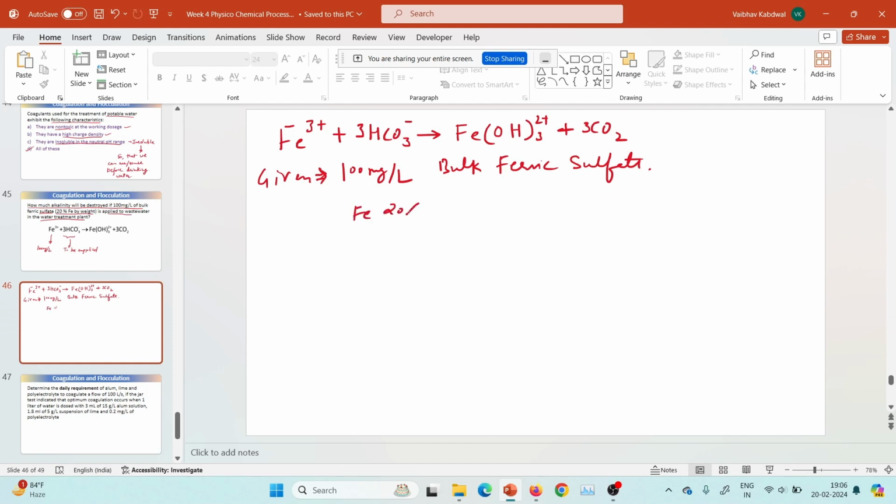Fe is 20% by weight in bulk ferric sulfate.